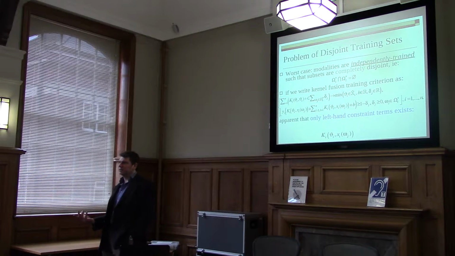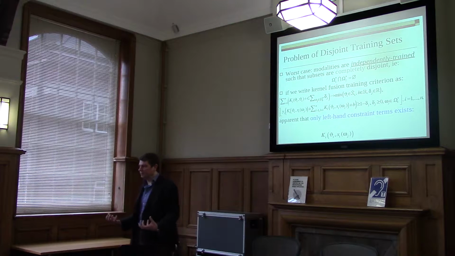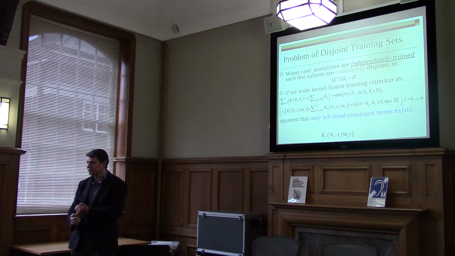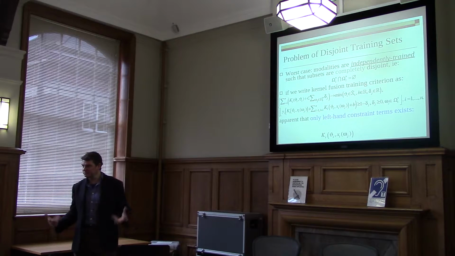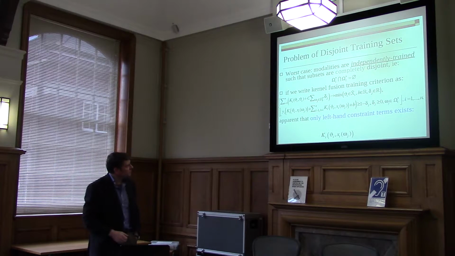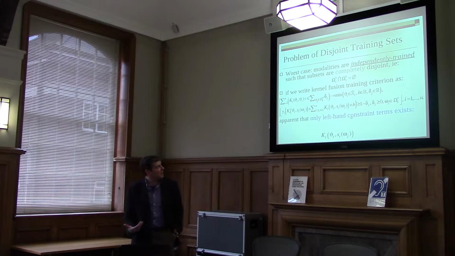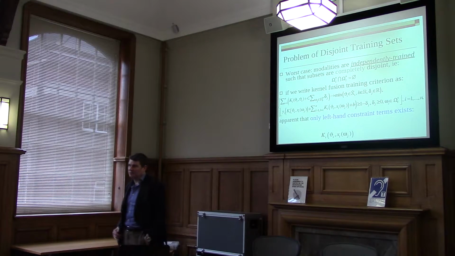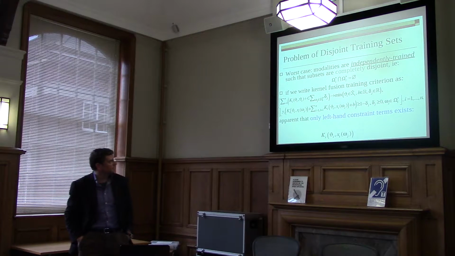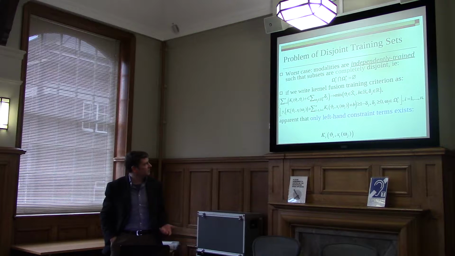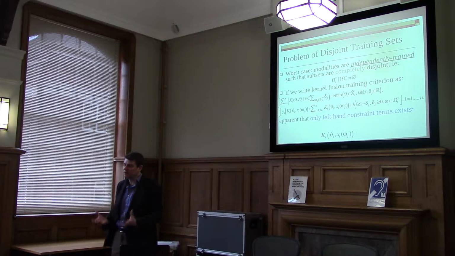So that is the case where you have complete correlation information between the different modalities, where every object is represented in each modality. So what happens when we don't have that? Well, let's look at what happens when we have the worst case. This is when the modalities are independently trained. So this is not an untypical situation.